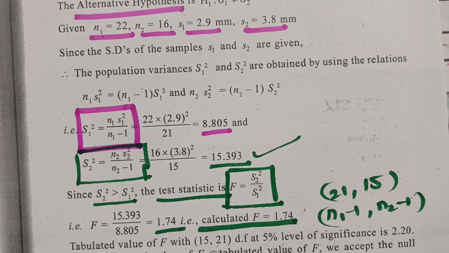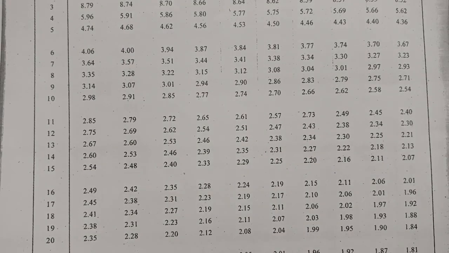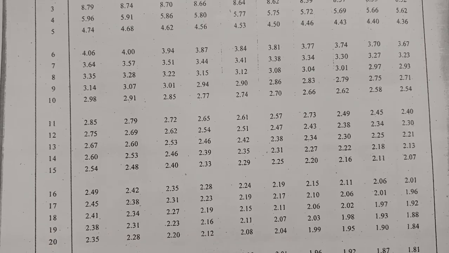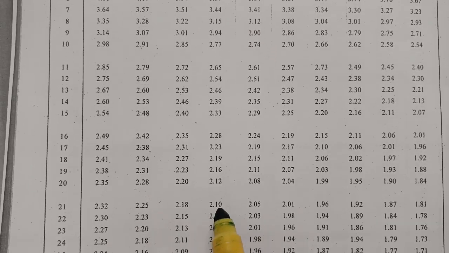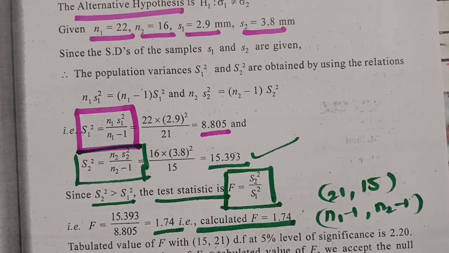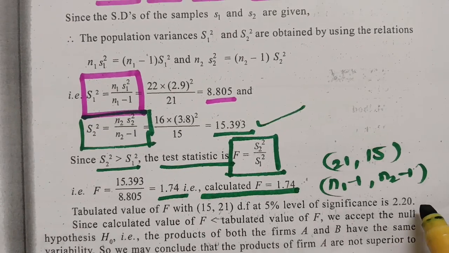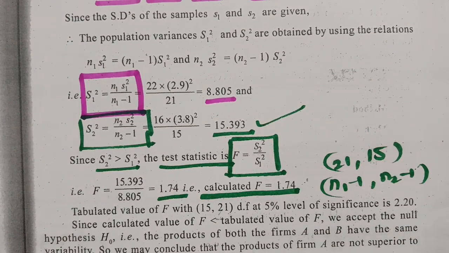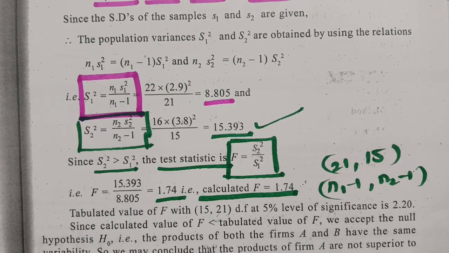This is 2.20. So here this is 21 comma 15, and the value is 2.10, or here they wrote it as 2.20.